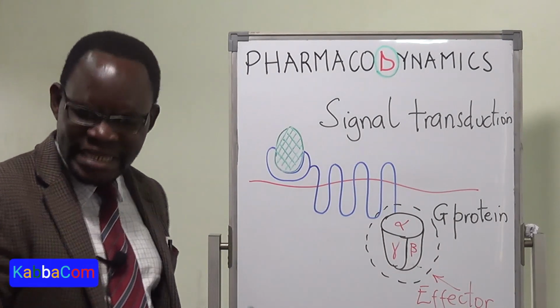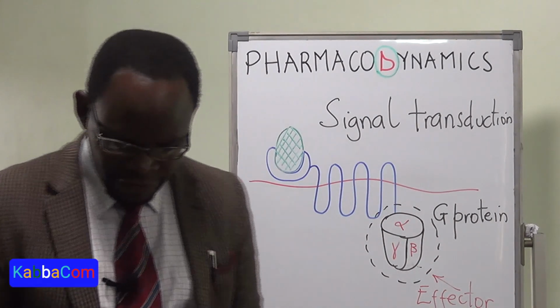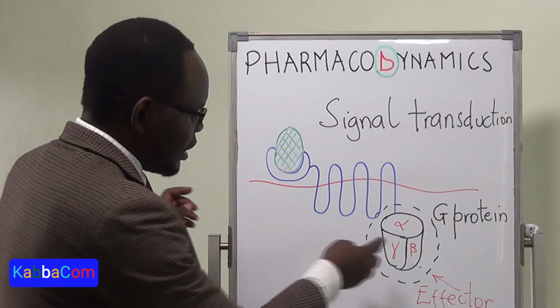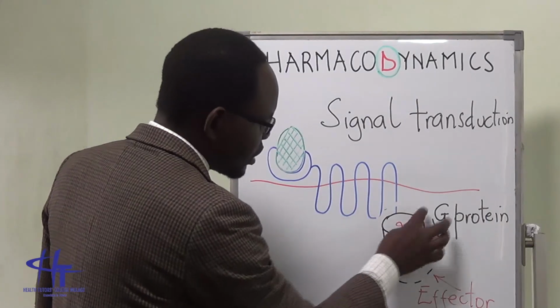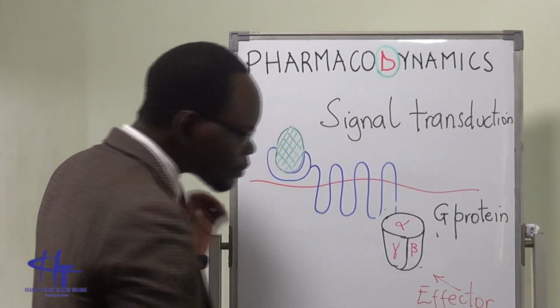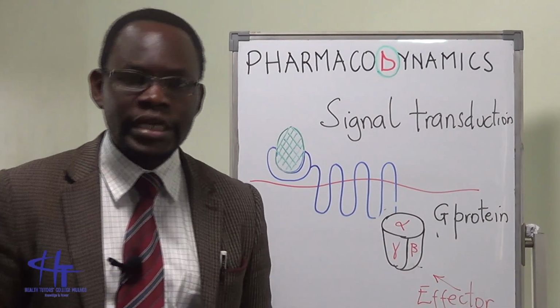And once it reaches the effector site, this G protein receptor will dissociate.